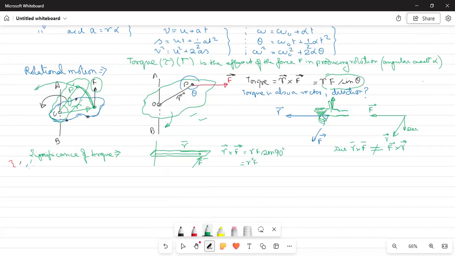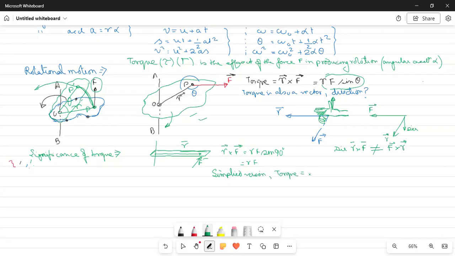That means for your day-to-day numerical problems in school, you will find torque is actually just a multiplication of the distance of the force applied from the axis of rotation multiplied by the force. As simple as that.